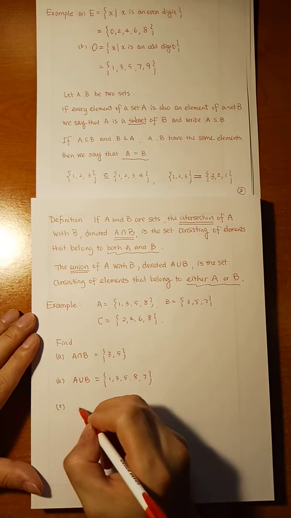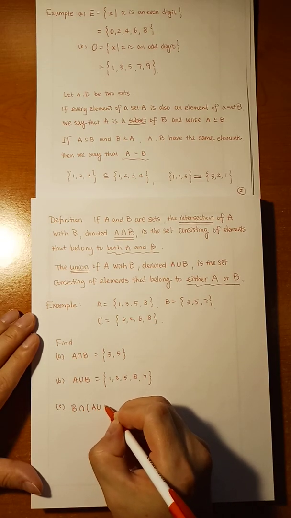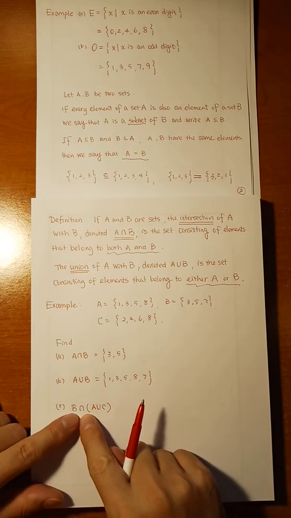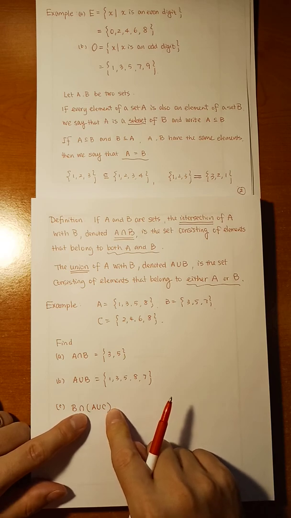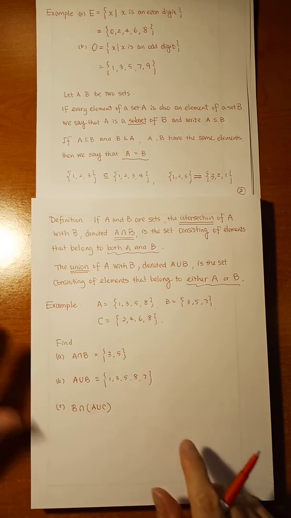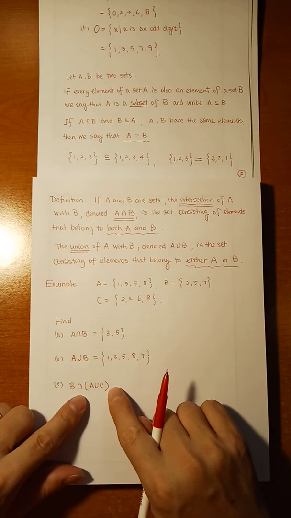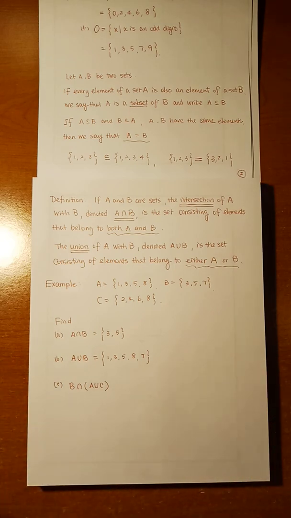Of course, we can have some complex composition. So we get B intersection with A union with C. It's like the operation of numbers. Whenever you see parentheses, you're going to compute the inside operation first.